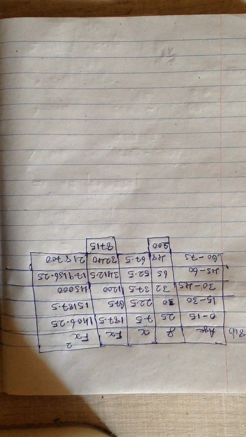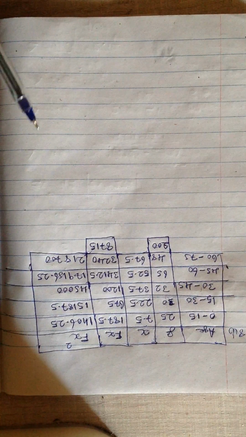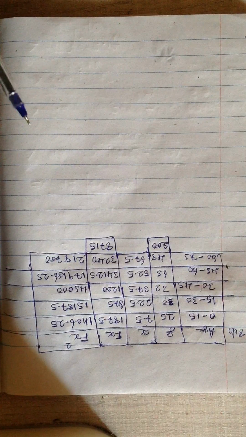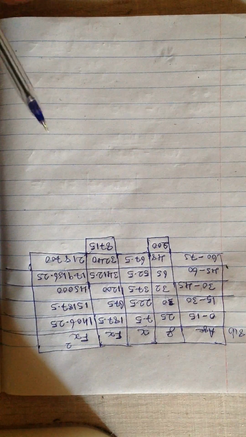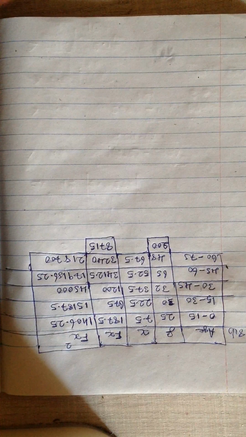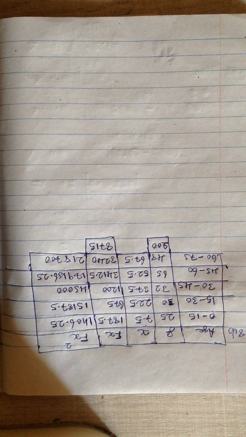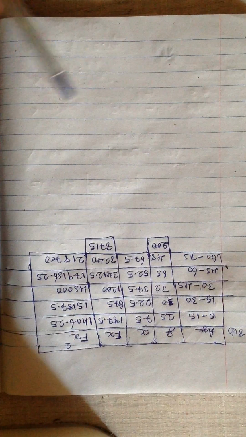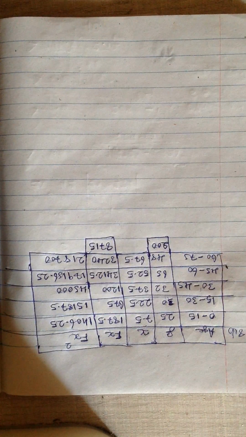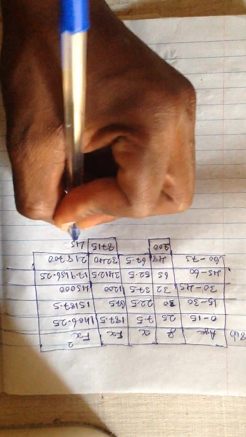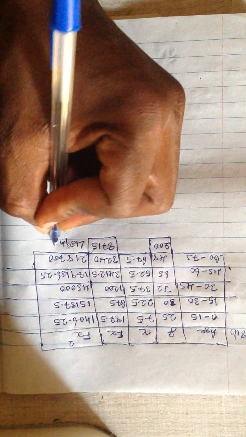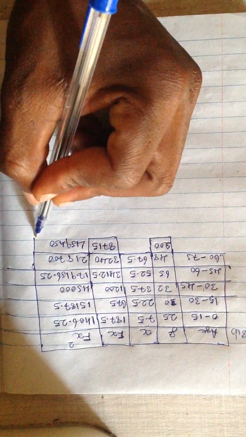So what is 218,700 plus 179156.25 plus 45,000 plus 15187.5 plus 1406.25? What's the total? The total is 459,450. You have something like this.